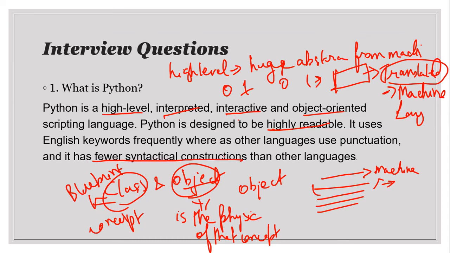Means if you see some languages where they have very strict rules, Python is comparatively very flexible. So now we are clear with a lot of details in Python. Even if you forget the definition, you can explain it in your own words.